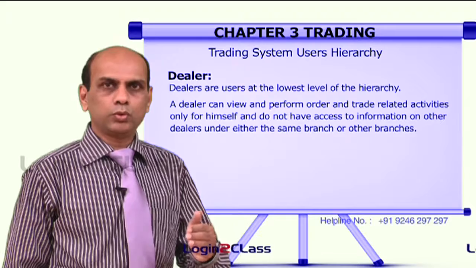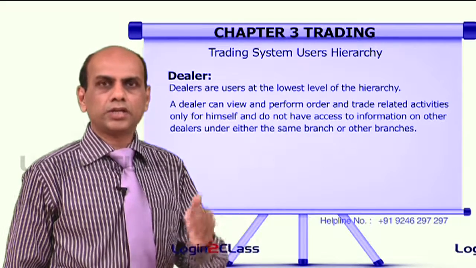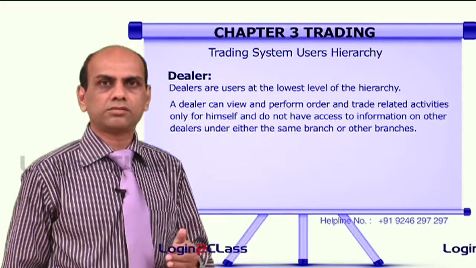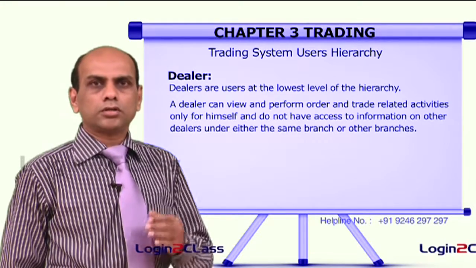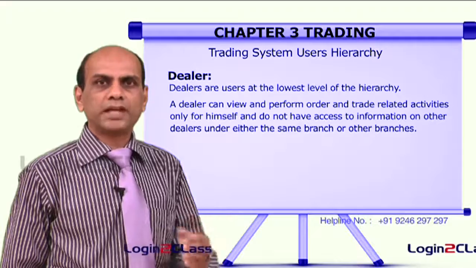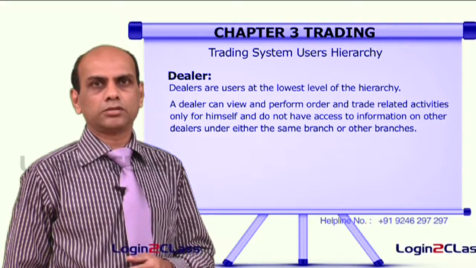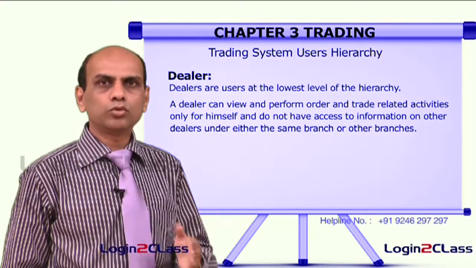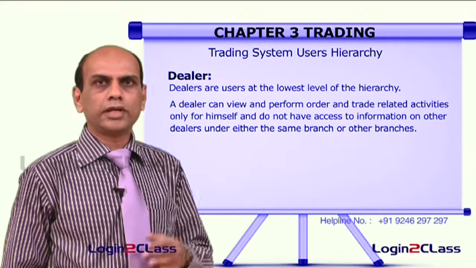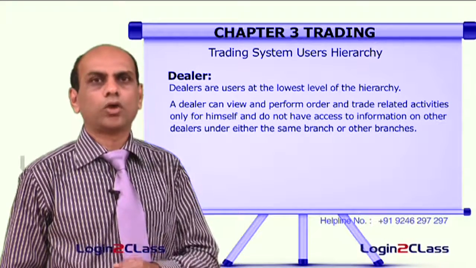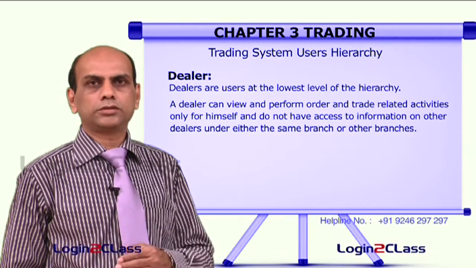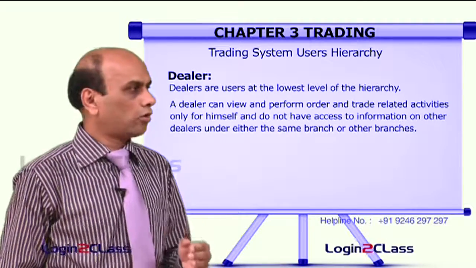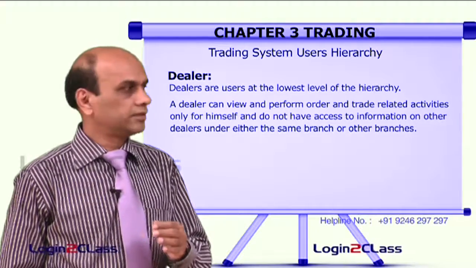They cannot view or change any limits by themselves in their particular system. They cannot modify the orders placed by the branch manager or corporate manager, but they can view their own transactions. They can also cancel or modify their own orders. This is the level and the operations and the purview of the dealer segment in the NEAT system.